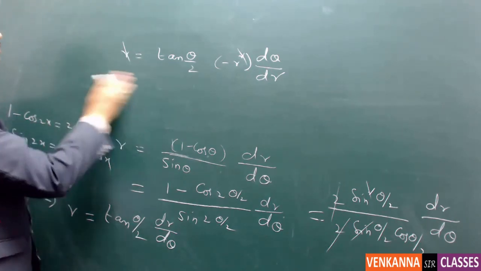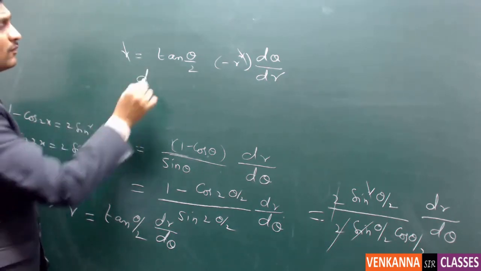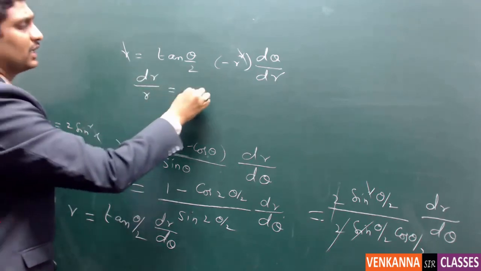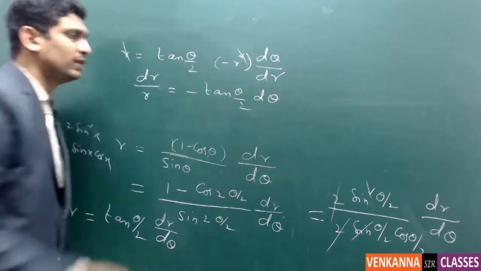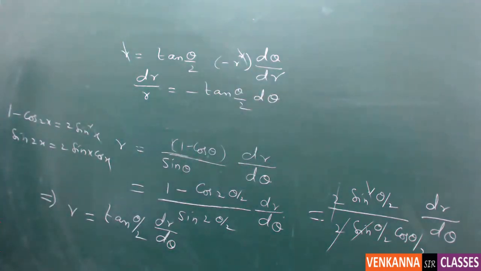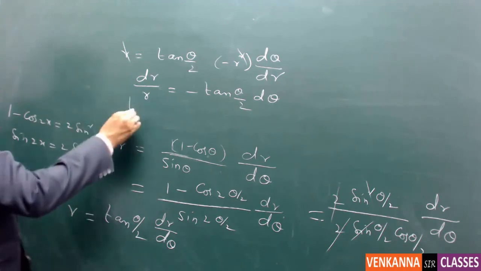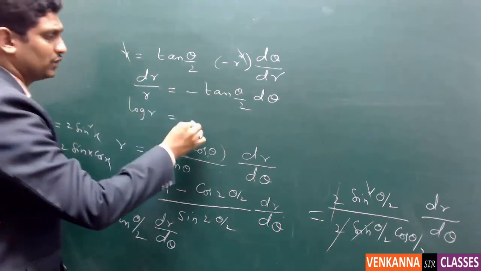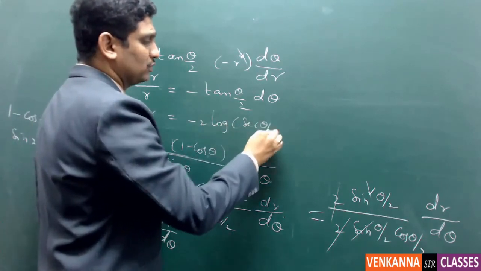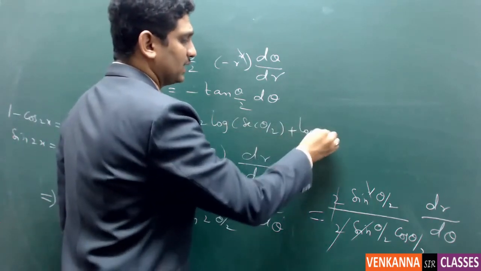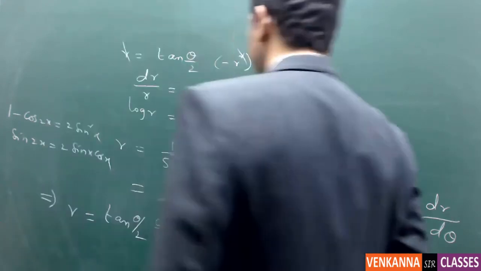So dr by r is equal to minus tan theta by 2 into d theta. Since it is variable separable, doing integration, log r is equal to minus 2 into log secant theta by 2 plus log c, you can take the integration constant.